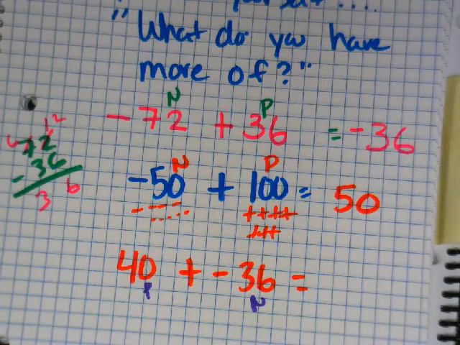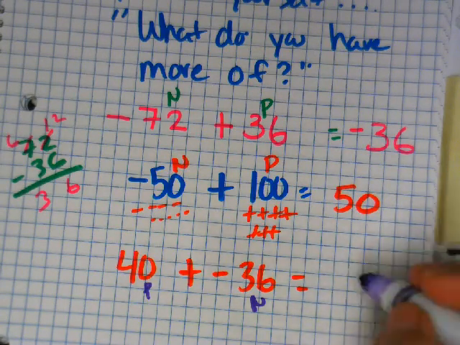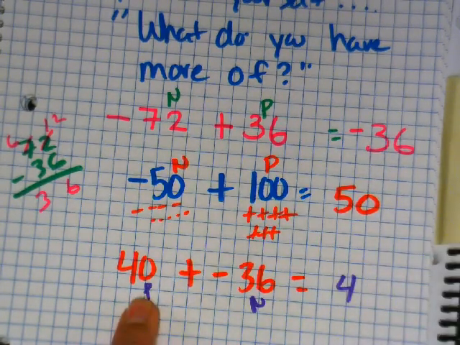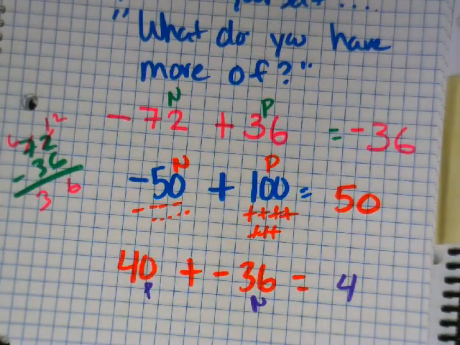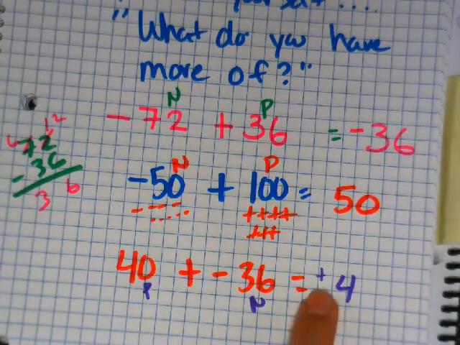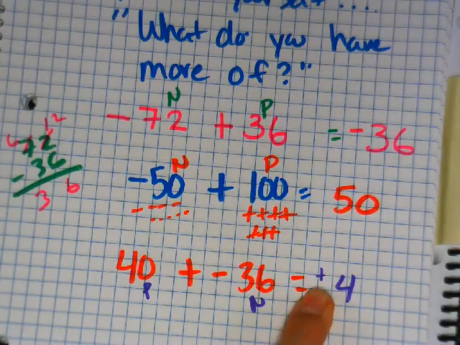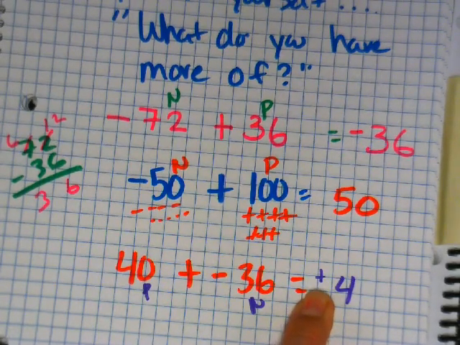You can subtract in your head or on the side. You get 4. Do you have more positives or negatives? More positives, so I leave my answer as positive. We don't write a positive sign. We just leave it blank. We only write it when it's a negative.